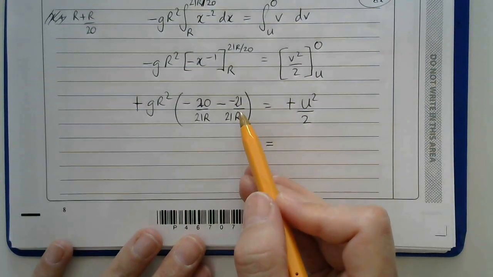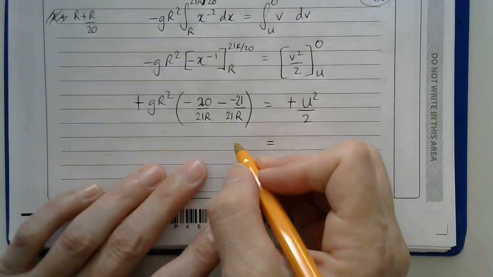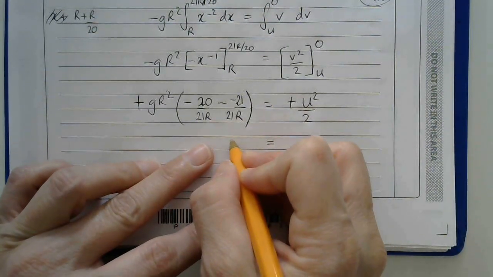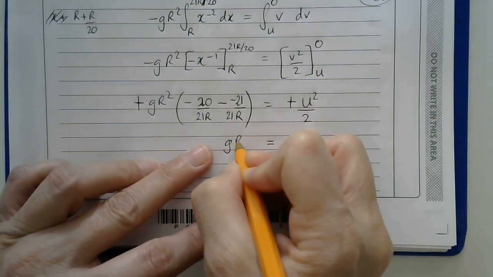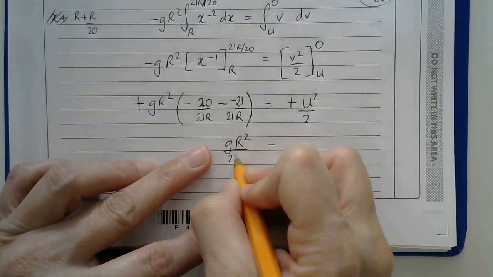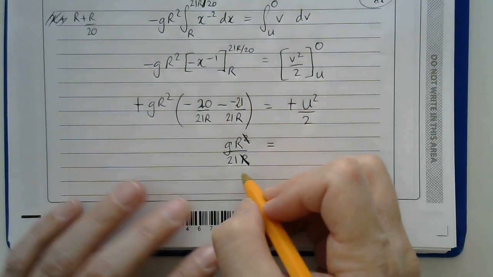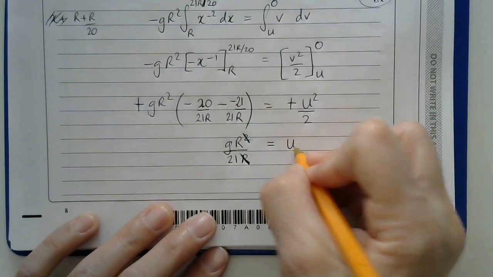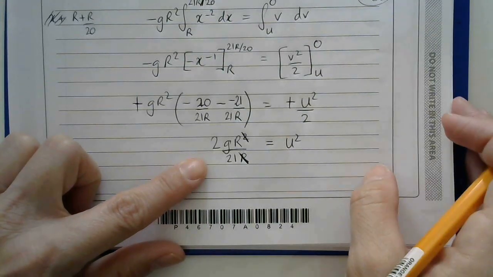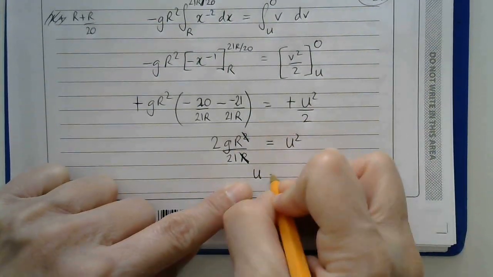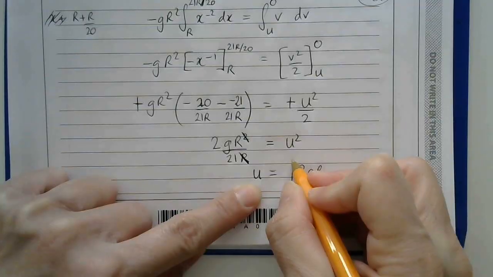So I've got 21 over 21r minus 20 over 21r, which leaves me with 1 over 21r. So I end up with gr squared over 21r. I could have cancelled an r here, but if not I'll just do it here. And here I've got u squared over 2, so I'll double both sides, and the 2 ends up here. They wanted u in terms of g and r, so in the final line, u is the square root of 2gr over 21.